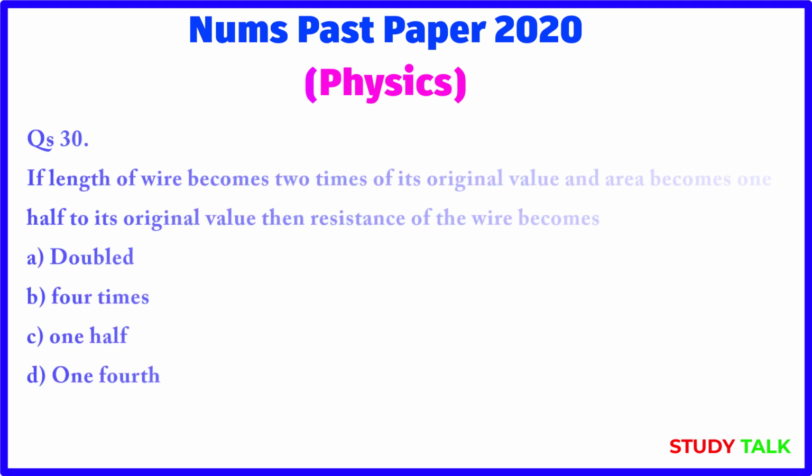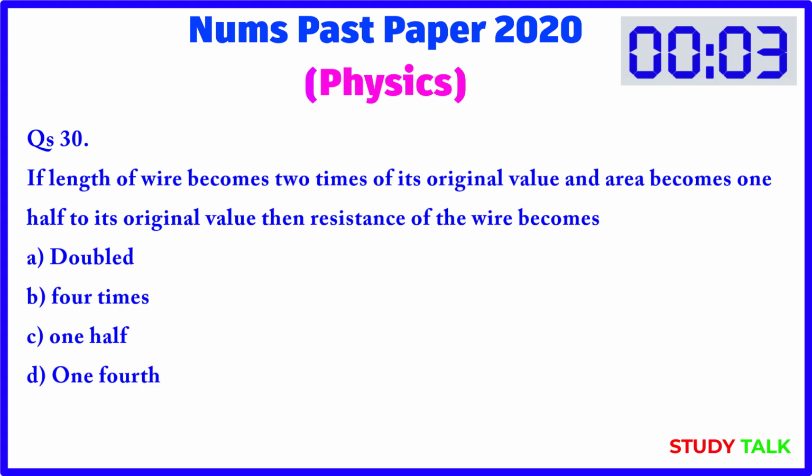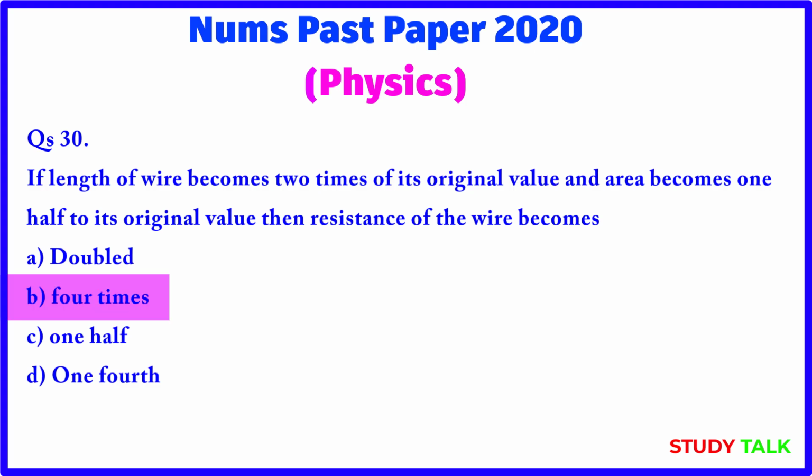If length of wire becomes 2 times of its original value and area become 1/2 to its original value, then resistance of the wire becomes 4 times.